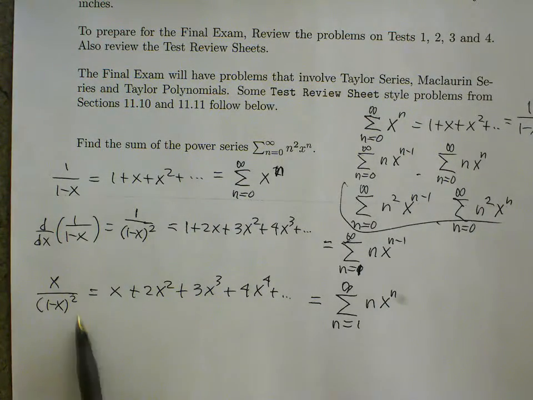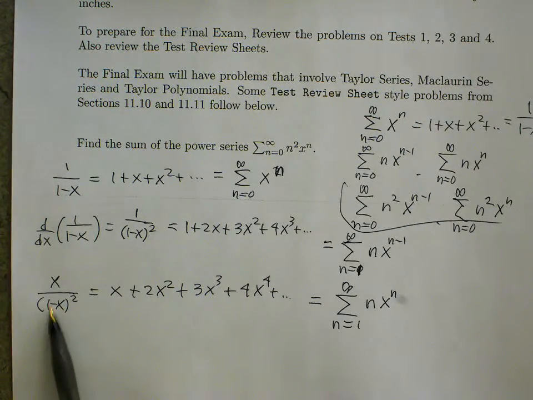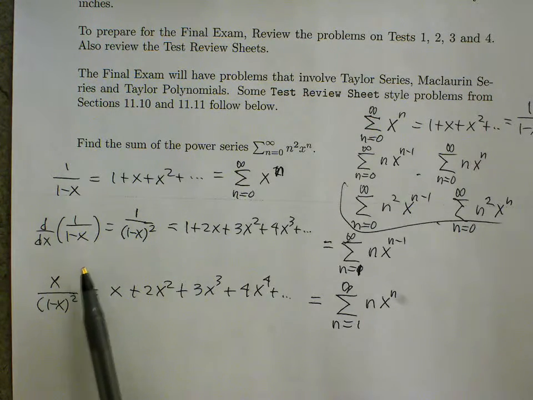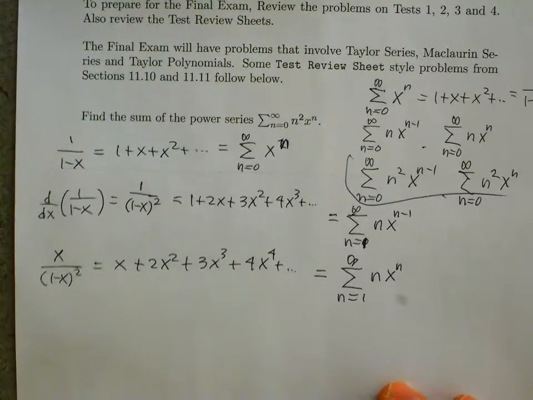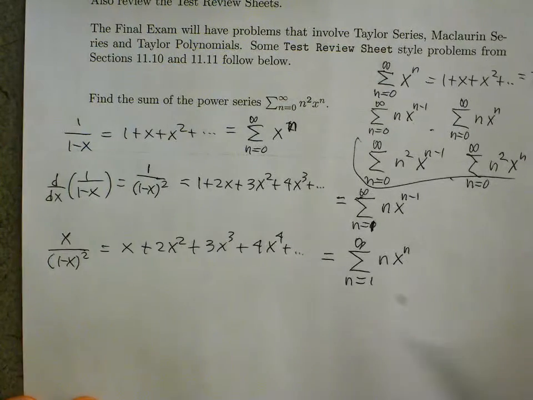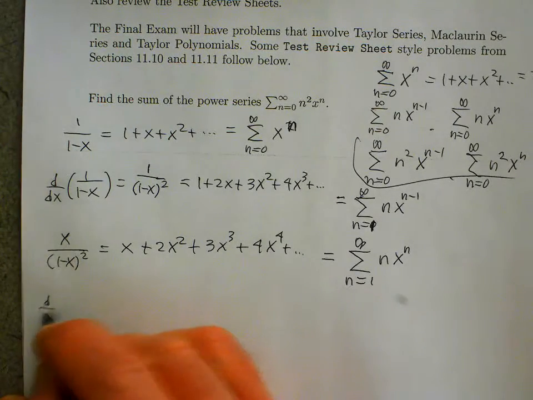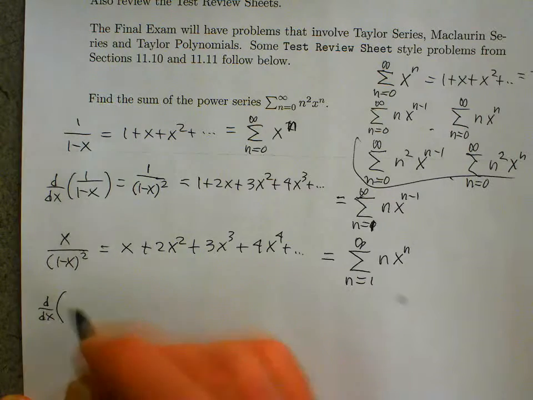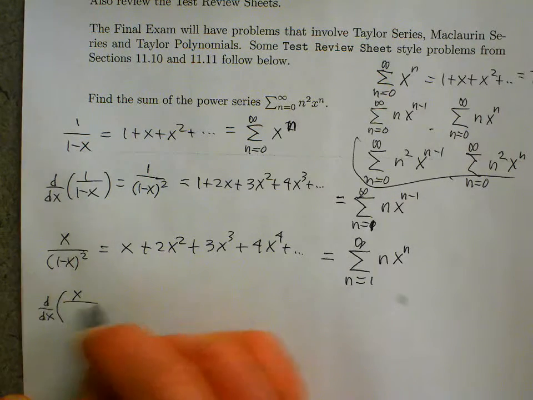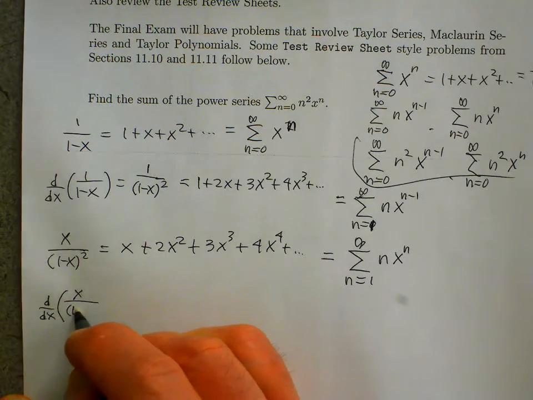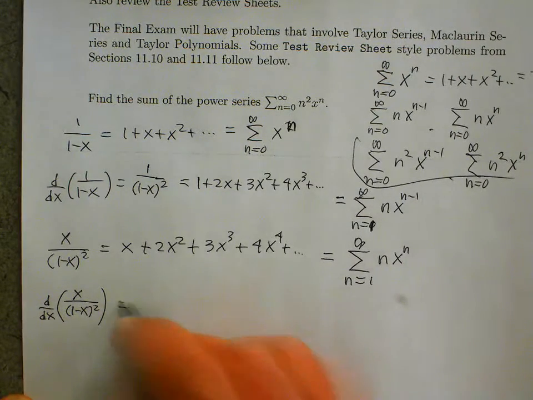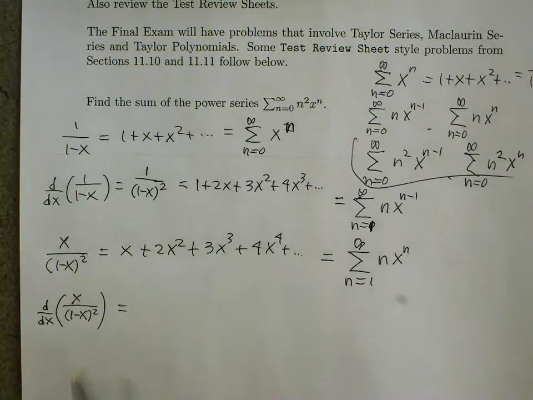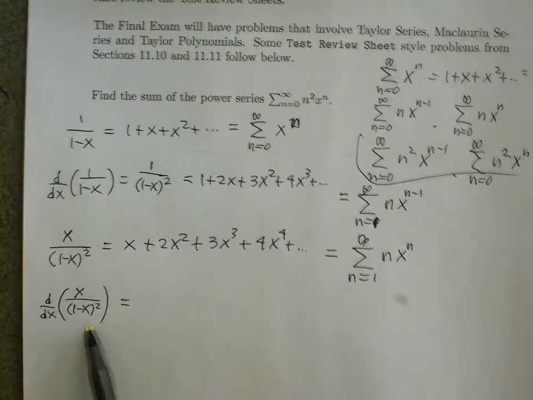Okay, so in the next step, we'll take the derivative of x over 1 minus x squared. So just use the quotient rule for the derivative.